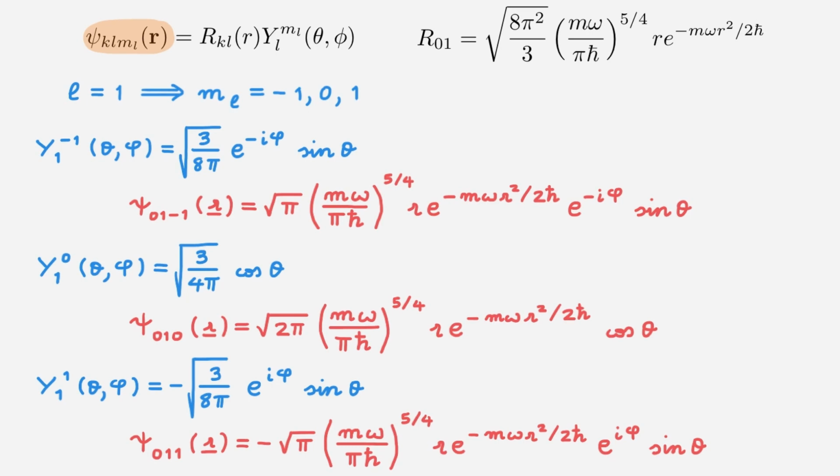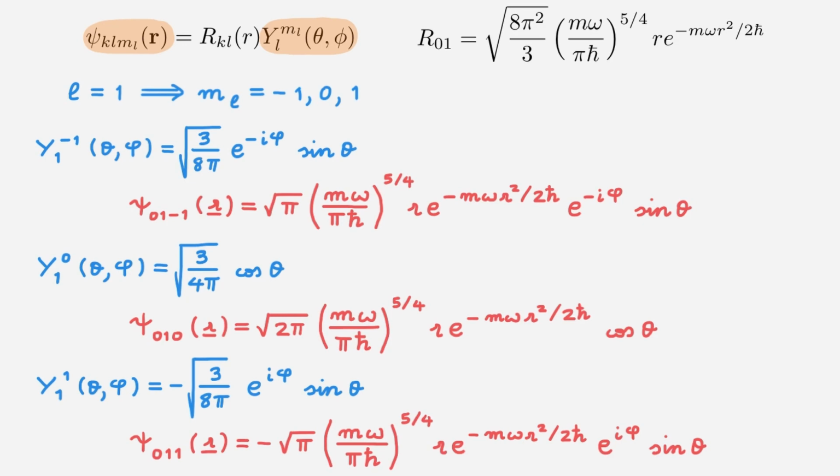In particular, in today's video, we've chosen the energy eigenfunctions to also be eigenfunctions of the orbital angular momentum, which leads to these expressions in terms of spherical harmonics. By contrast, in the other video where we solved this problem using Cartesian coordinates, we don't really use orbital angular momentum eigenfunctions, and as a result, they look different.